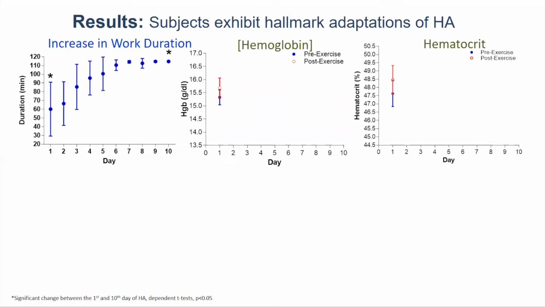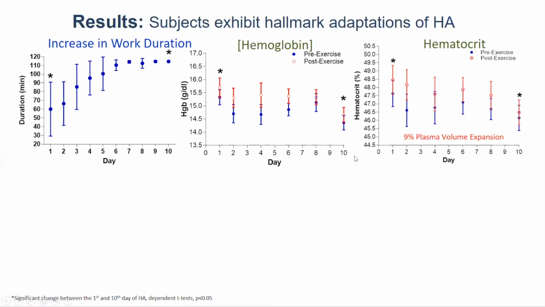Well, it didn't really increase. What this data is reflecting is a relative increase in the cell-based portion of the blood. This is showing us that they became dehydrated, and as they become dehydrated, the relative concentration of hematocrit and hemoglobin increased.